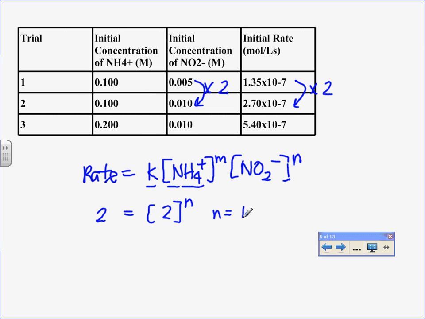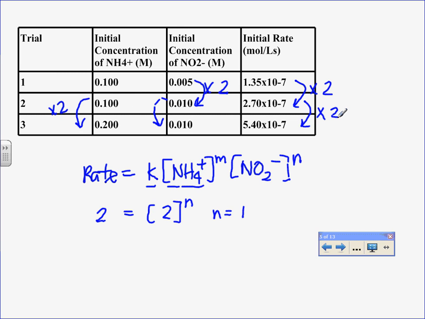To look at the impact that the concentration of NH4 plus has on the rate, we need to compare a scenario where the concentration of NO2 minus is being held constant. So if we compare trial 2 to trial 3, you can see that the concentration of the NH4 plus has been doubled and the rate of the reaction is also doubled.